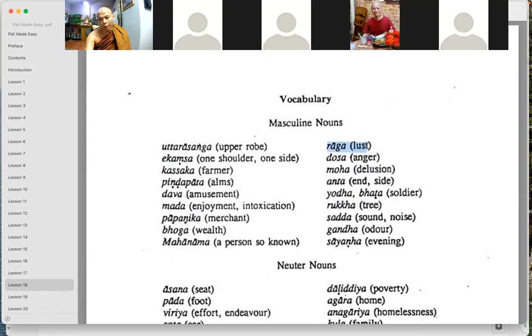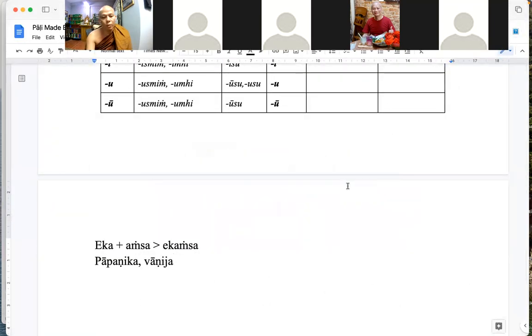Raga, Rago, Raga, Rage. Dosa, anger. Moha, delusion. And the Anda means end or side, or edge of something. Maybe we are familiar with that word.